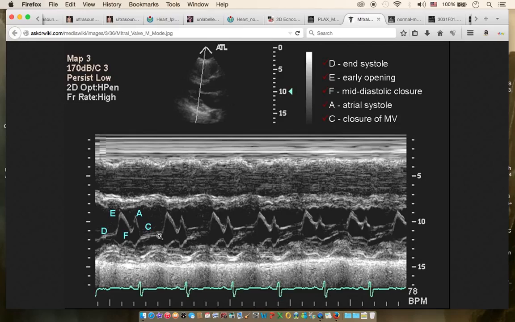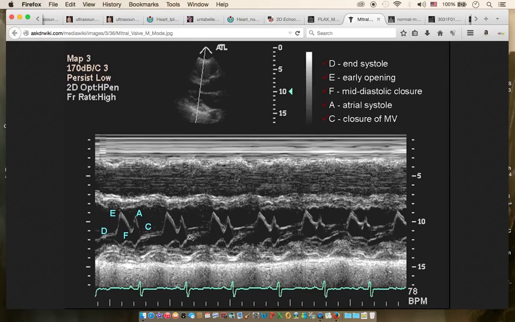And this is very important, necessary information to know, because if this wave changed, that means if you have an E wave lower than the A wave, that indicates something.